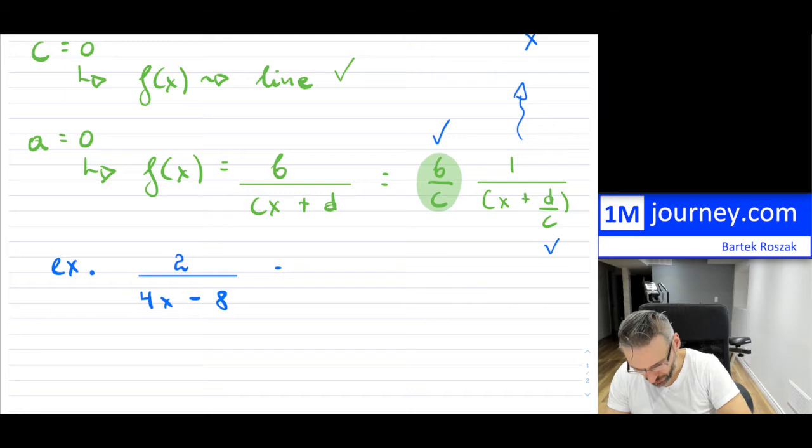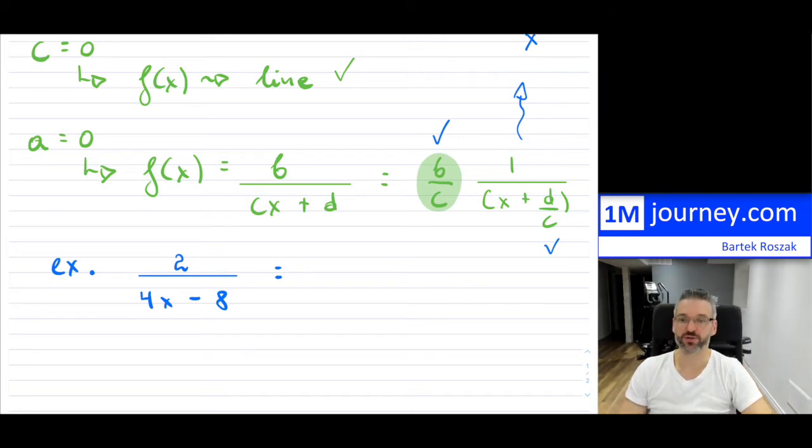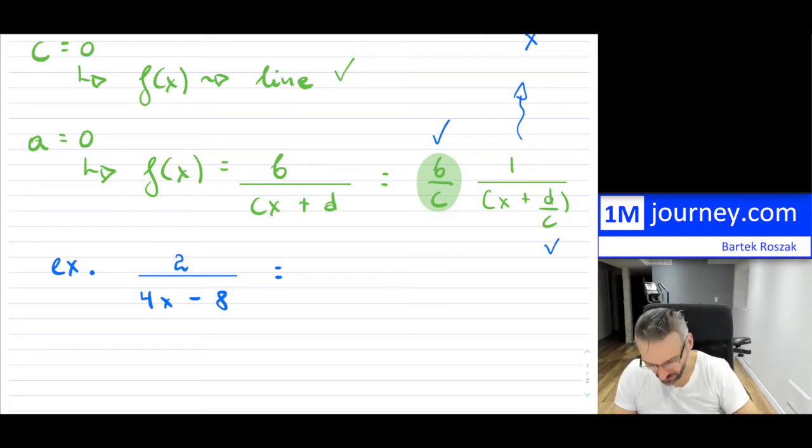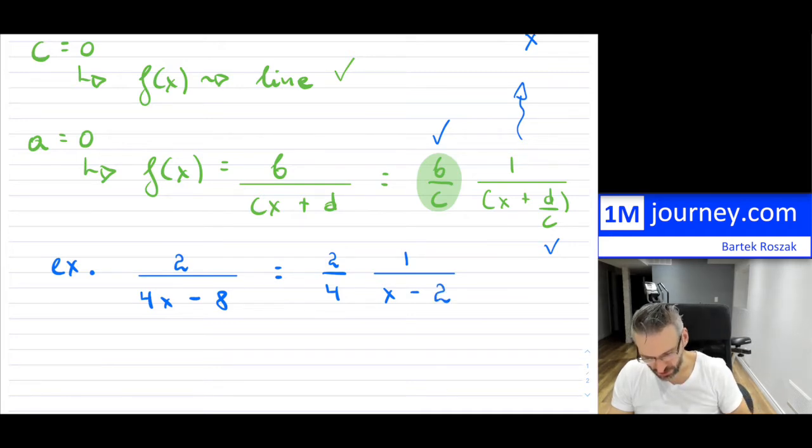Now, if I'm going to graph and sketch it out, I would say, well, I have 2 all over 4, and then I'm going to have 1 all over, since I took the 4 out from the denominator, it's going to be x, and then minus 8 over 4, which is 2. So this is what I have.